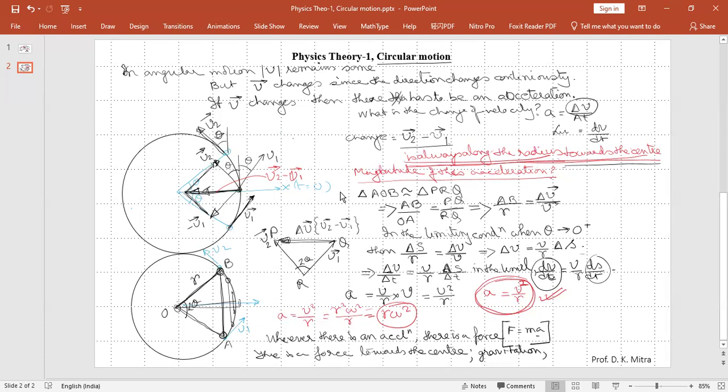In our physical world, like cycling or motorbiking, it may be the friction. And if you tie a stone with your finger, it may be the tension of the thread. These are the various sources of this force. But the force is there, since there is acceleration. In the next chapter, we shall see what is the amount of this force and how this force is actually applied. Okay?